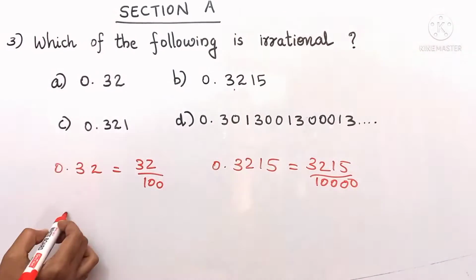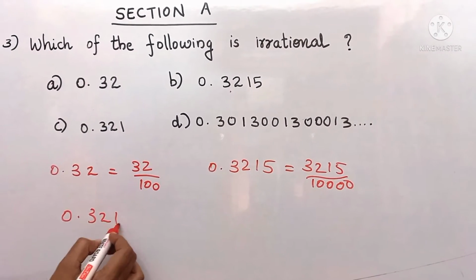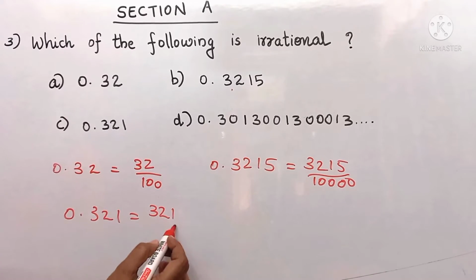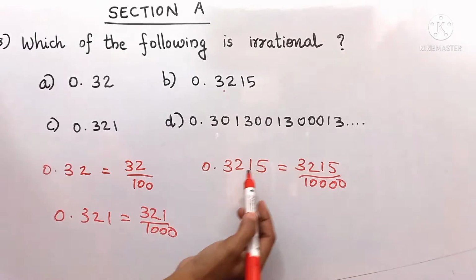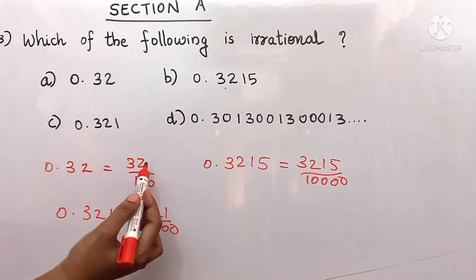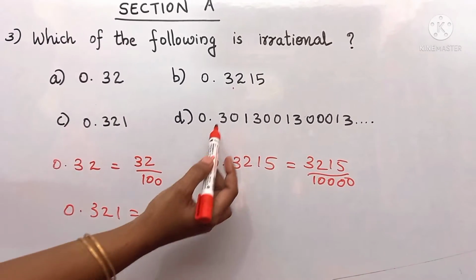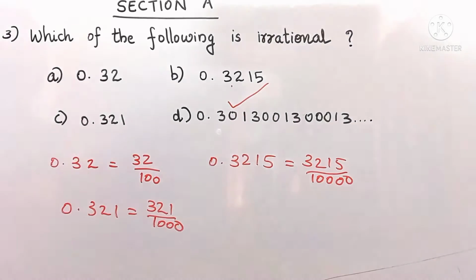The third one, 0.321, can be written as 321 by 1000. And the fourth one we cannot write in the form of p by q. So this is the answer.